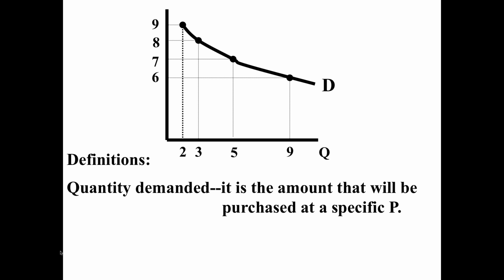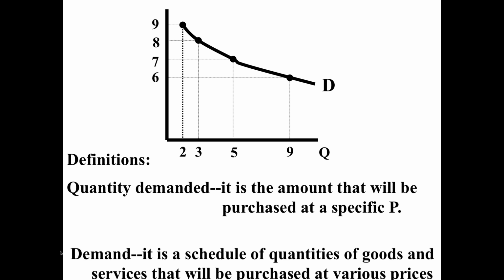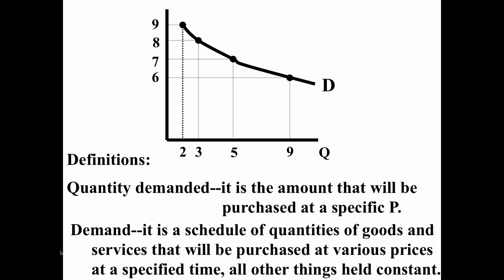Changes in price are going to change quantity demanded and are going to move you from point to point on the demand curve. We're talking about demand. We're talking about the entire schedule of quantities of goods and services that will be purchased at various possible prices at a specified time. All other things being constant. So factors other than price are going to change demand, and that actually ends up shifting the entire demand curve.